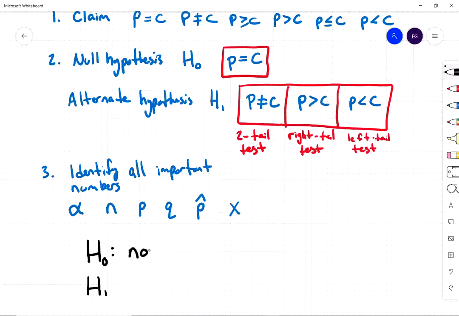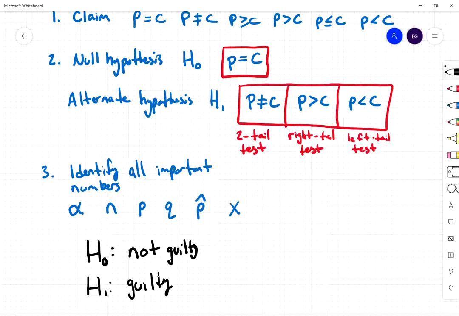So you are not guilty, and then if there's enough evidence to show that you actually did commit the crime, then your alternate hypothesis would be found guilty. All right, so this is what's going on with this null, which is sort of plan A, versus alternate, which is plan B, hypotheses.